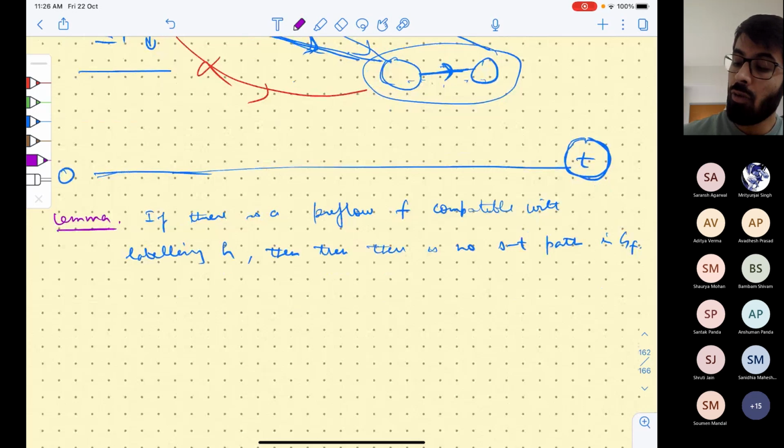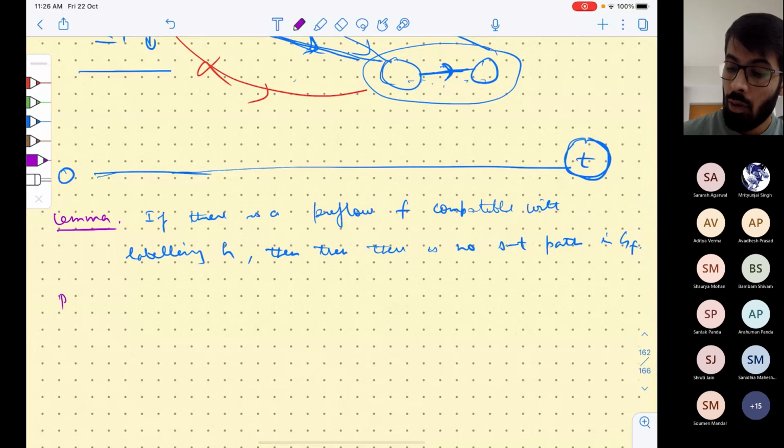So what this is saying is that if you have a preflow that is compatible with the labeling H, then there is no ST path in GF. Okay. And what is the proof?